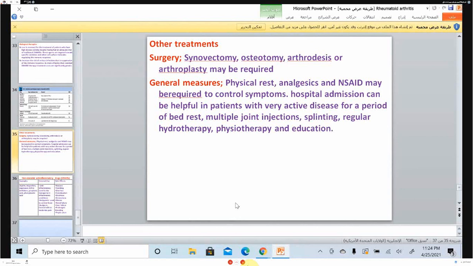General measures such as physical rest, analgesics and non-steroidals may be required to control symptoms. Hospital admission can be helpful in patients with very active disease for a period of rest. Also multiple joint injection, splinting, regular hydrotherapy and physiotherapy with education.